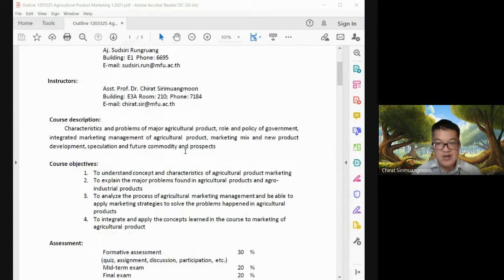Here is the course description. This course is designed to teach you about the characteristics and problems of major agricultural products, roles and policy of the government, integrated marketing management system, marketing mix, new product development, speculations and futures, and commodity as prospect.